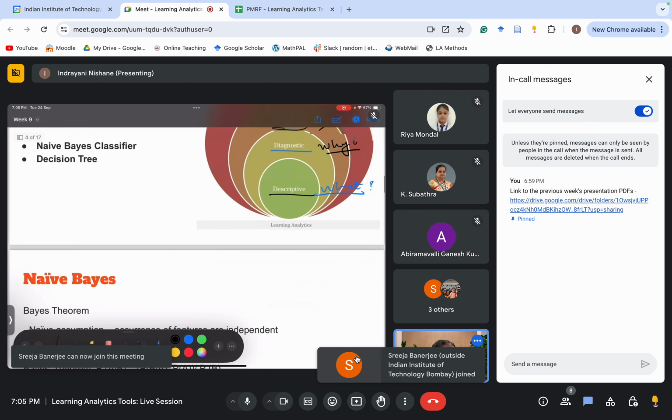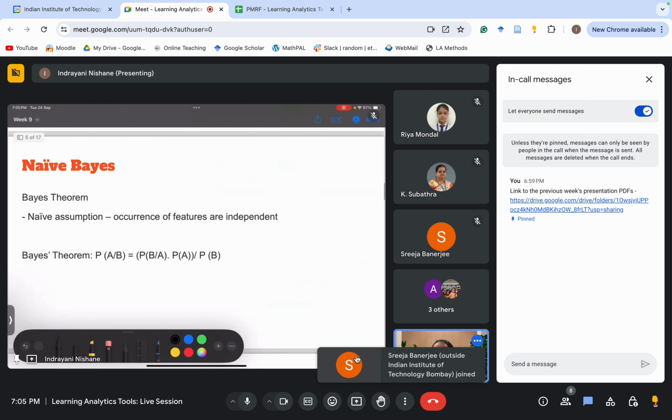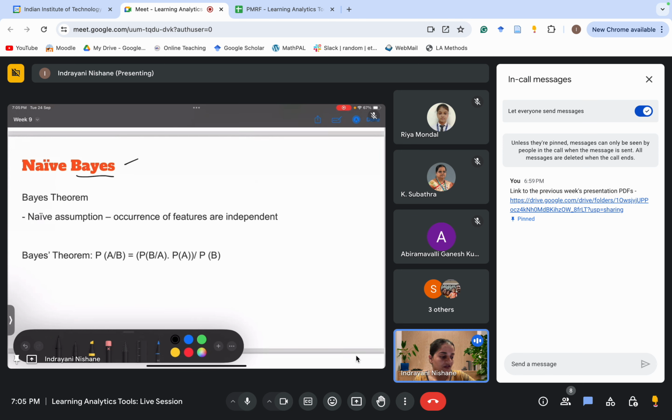Now, as the name suggests, naive Bayes. All of us might have heard of Bayes theorem in probability, conditional probability. This classifier model is built on that same Bayes conditional probability theorem.